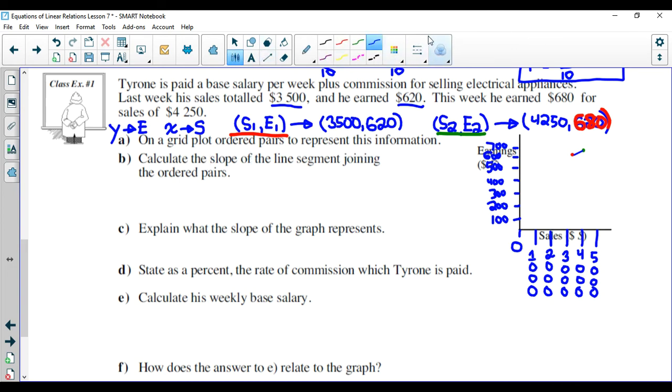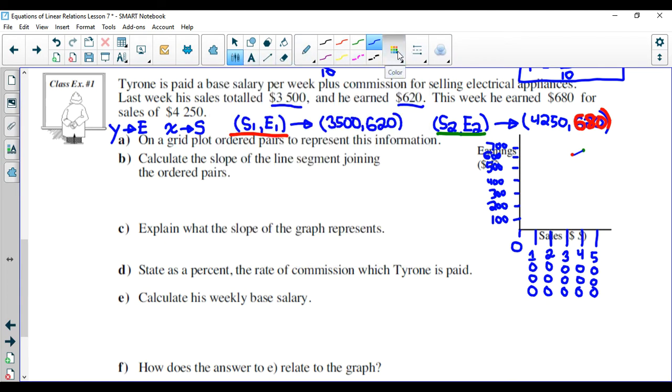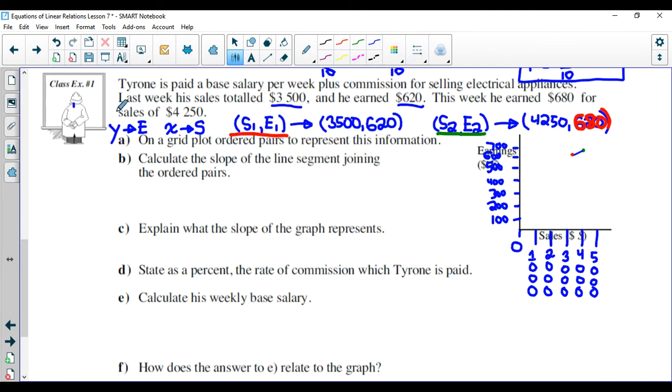Okay, B, it says calculate the slope of the line segment joining the ordered pairs. We can definitely do that because we have two points. So your slope, m, would be equal to, normally you'd write the slope formula as y2 minus y1 over x2 minus x1.